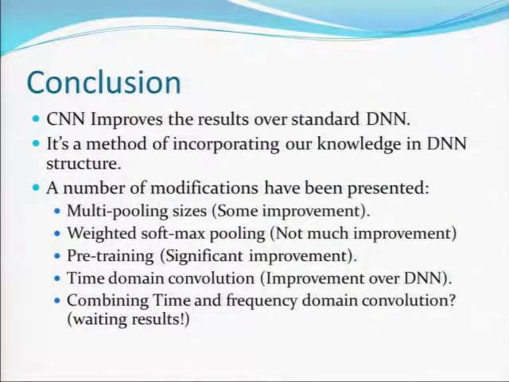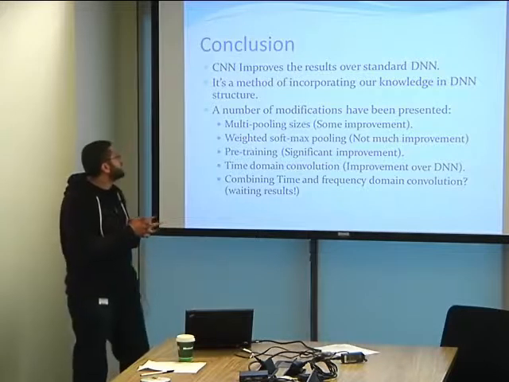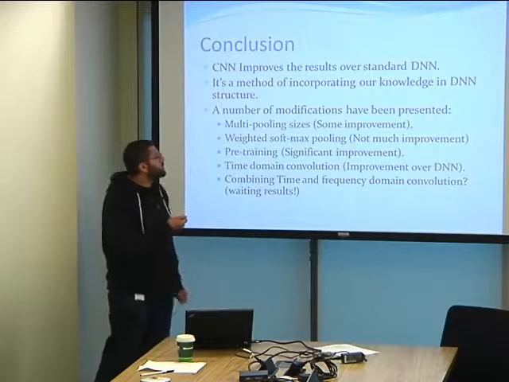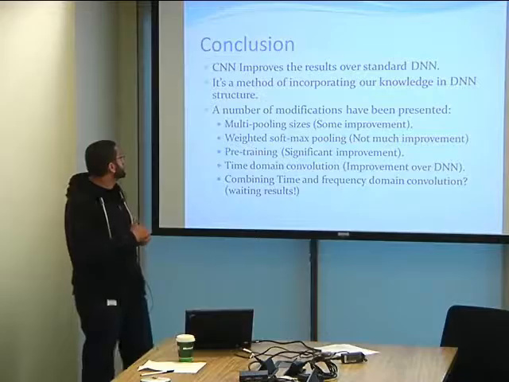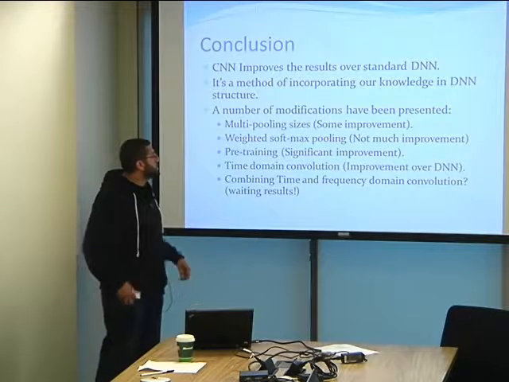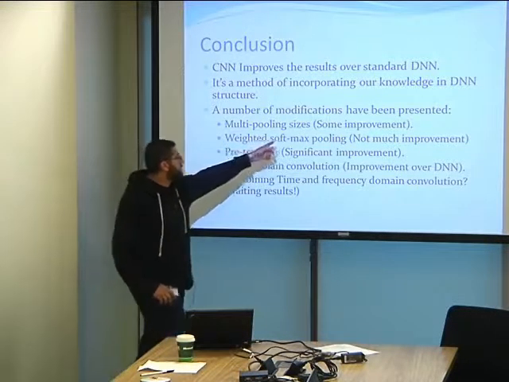So, in conclusion, the convolutional neural network improves the results over the standard deep neural network, and it provides a method to incorporate our domain knowledge in the structure of the deep neural network. A number of modifications have been presented. Multi-pooling size brought some improvement, and softmax pooling not much improvement.